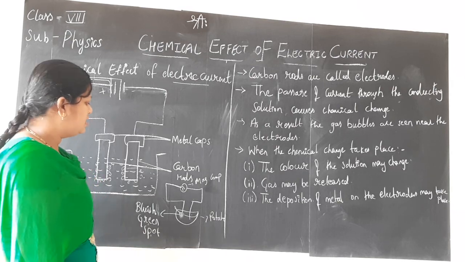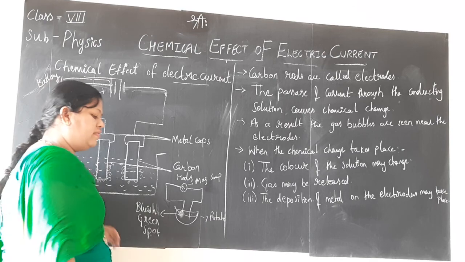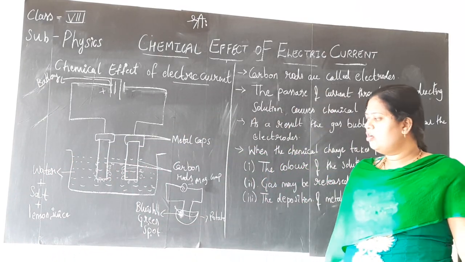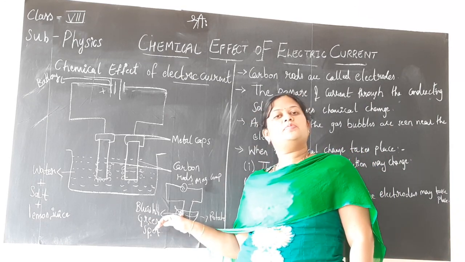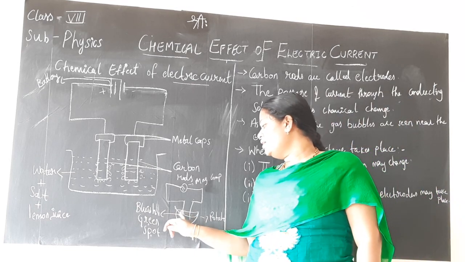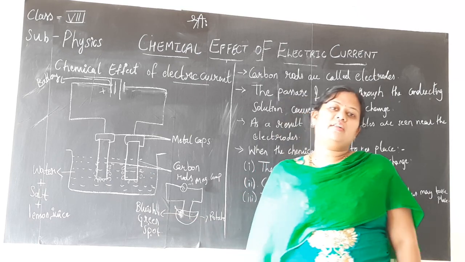Next, he tried the same experiment with other vegetables and fruits. In all the cases he observed that near one of the terminals, this bluish green spot was formed. Later he noticed that this terminal was nothing but the positive terminal.